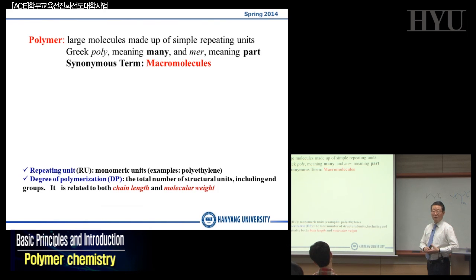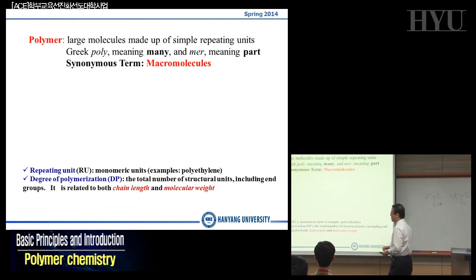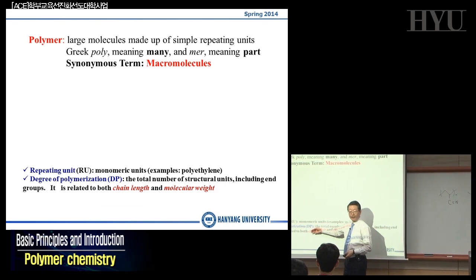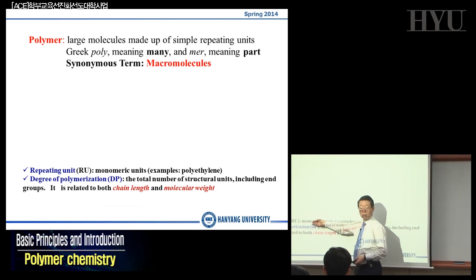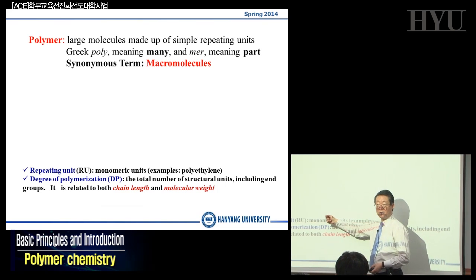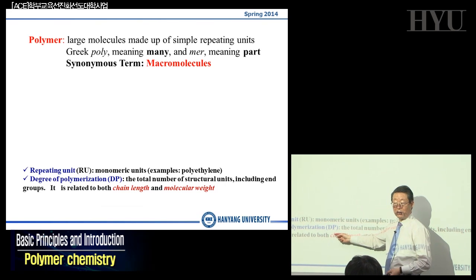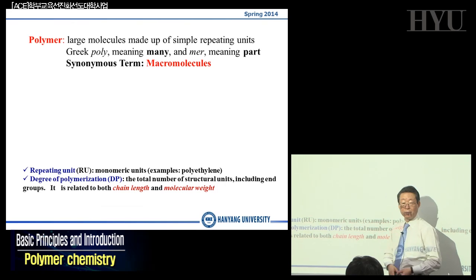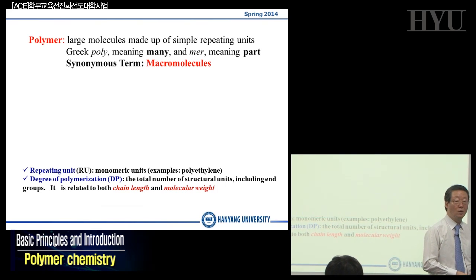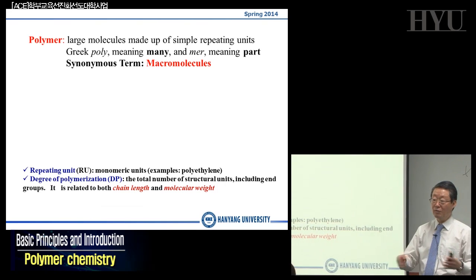It's the same word, so you understand that sometimes they use macromolecules and sometimes they use polymer. And we know the repeating units and the degree of polymerization. If you know the molecular weight of the repeating unit times n, which is the degree of polymerization, you will know the final molecular weight of your components.